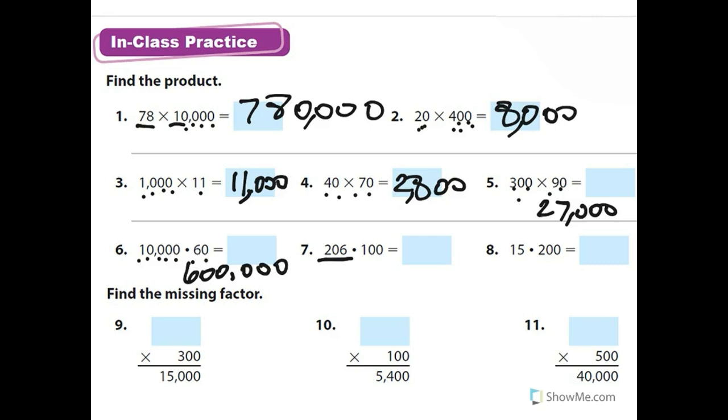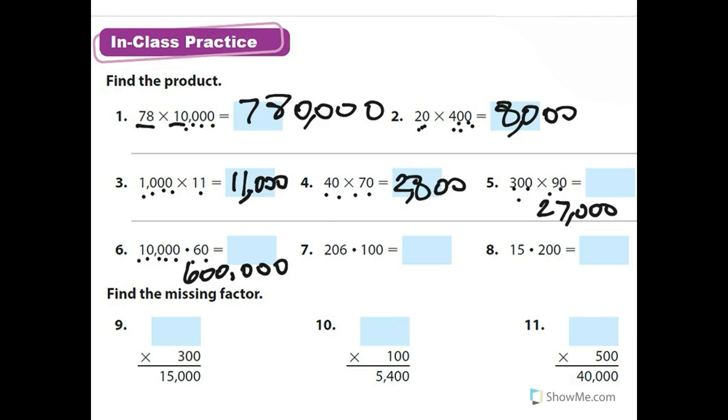What I mean by that is that we're not going to take this 0 out. We're not going to say 26 times 1. Okay? We're going to do 206. 206 is the number. If it was 260, we could just do 26. But it's not 260, it's 206.